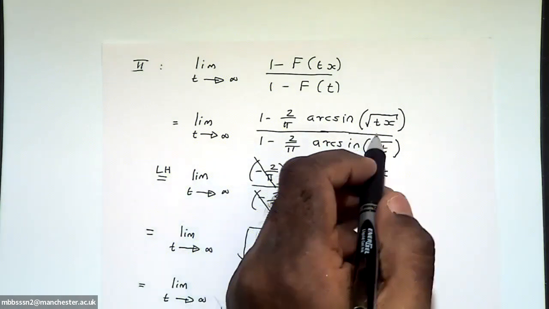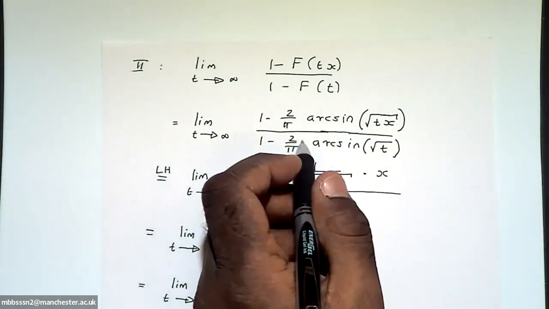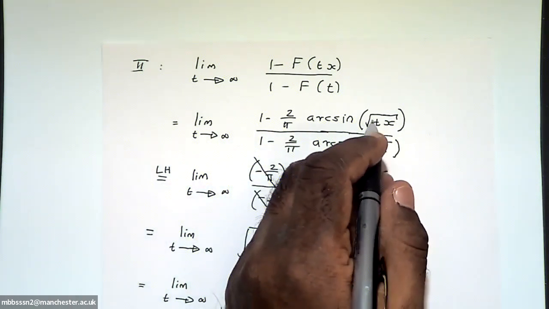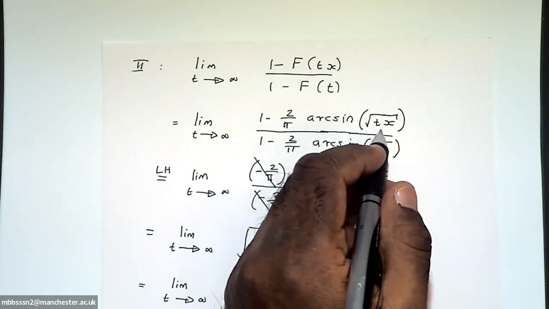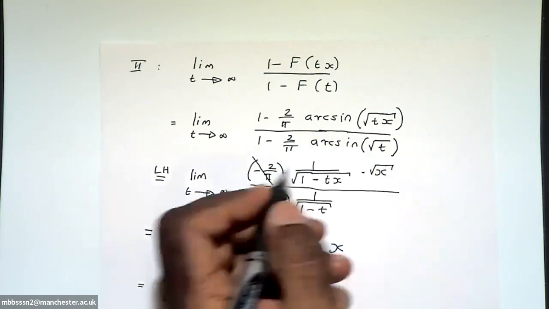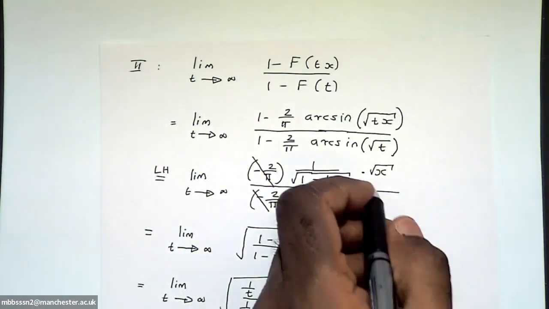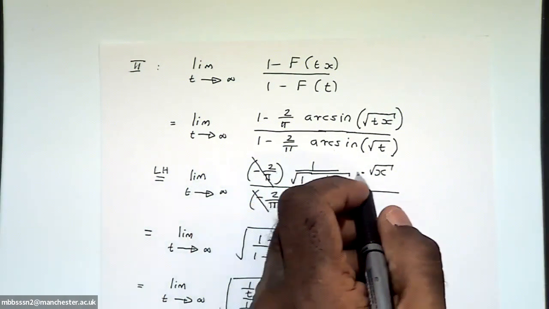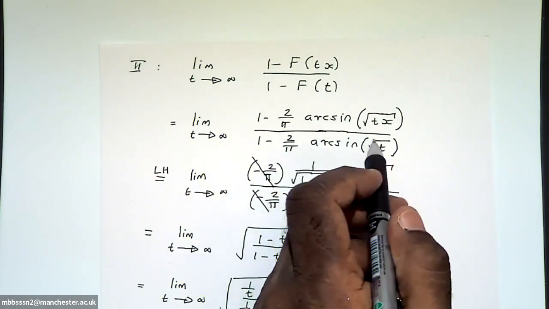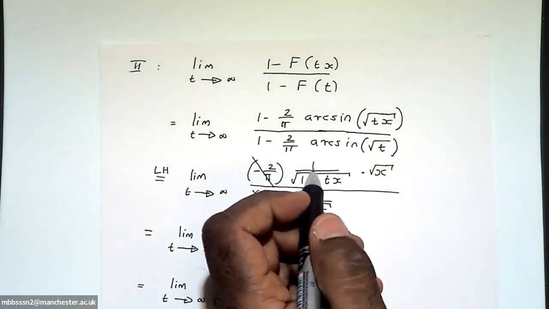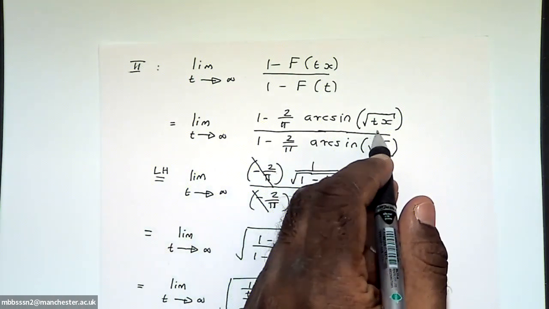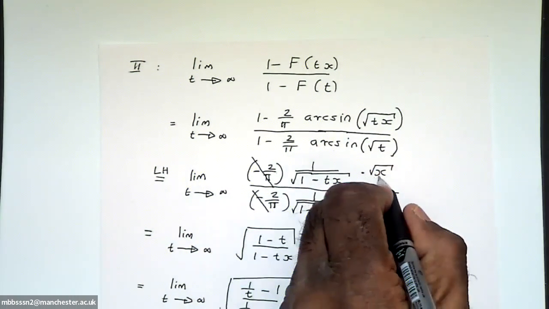So the derivative of this with respect to t is going to be root of x. So even the first one, I guess, is wrong also. So it's root of x times the derivative with respect to t.